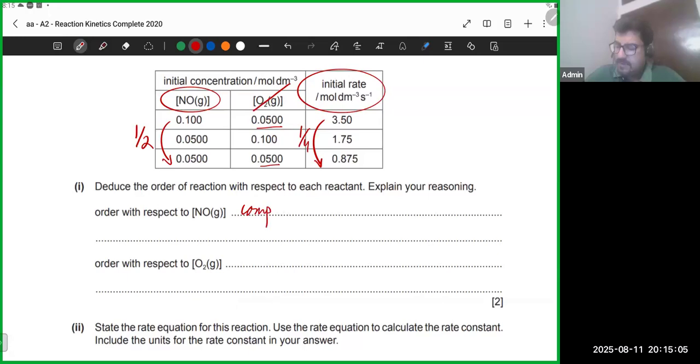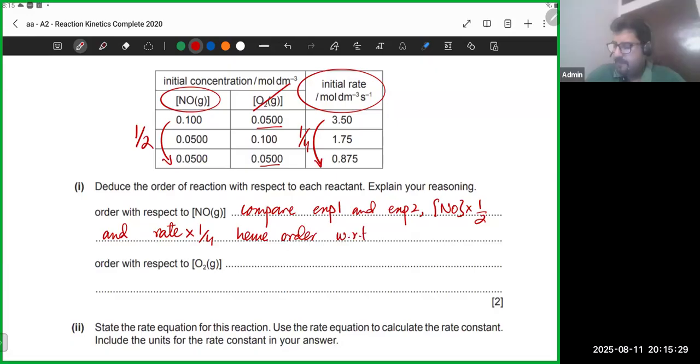The way you're going to answer this is: if you compare experiments 1 and 3, NO concentration is halved and rate becomes 1 by 4. Hence, the order with respect to NO concentration is order 2.